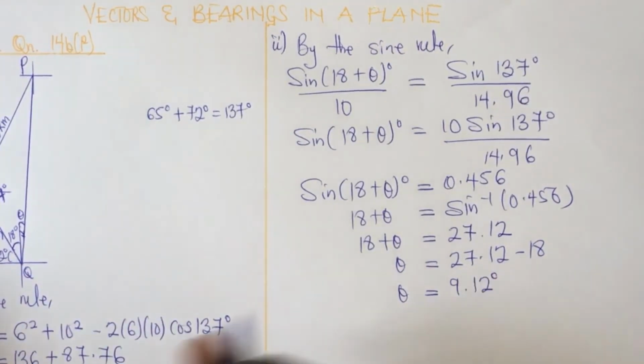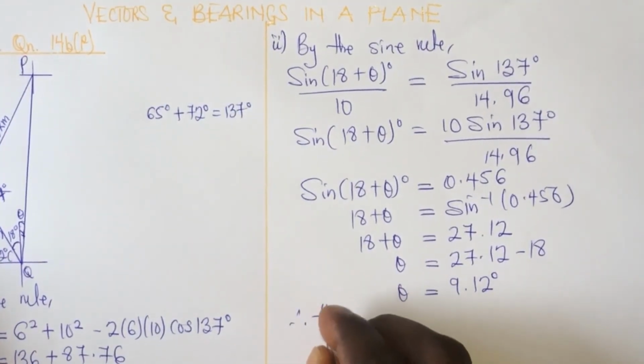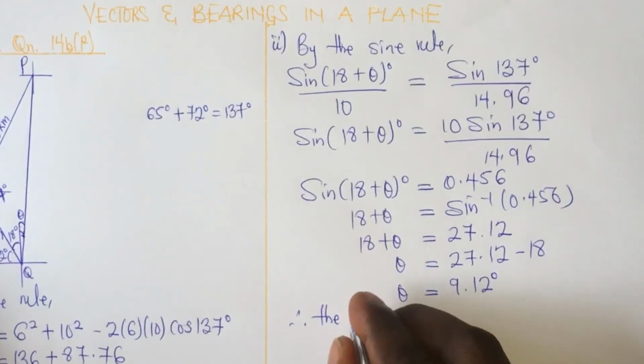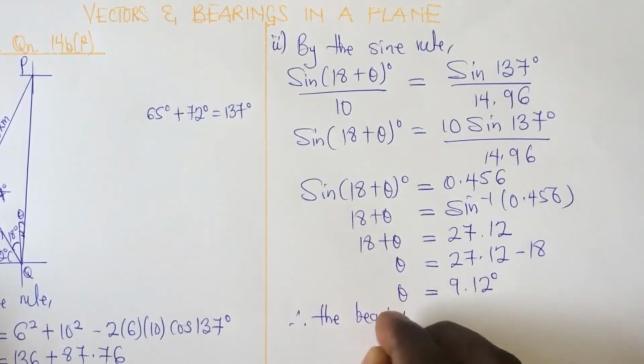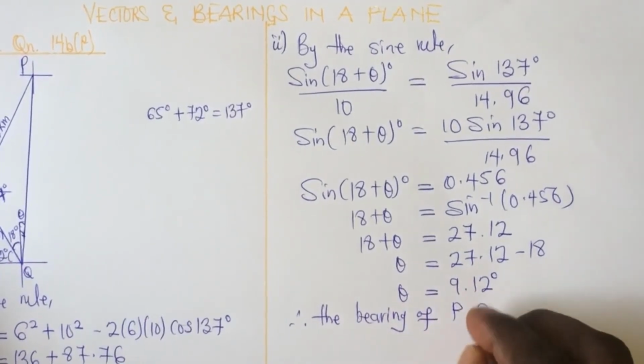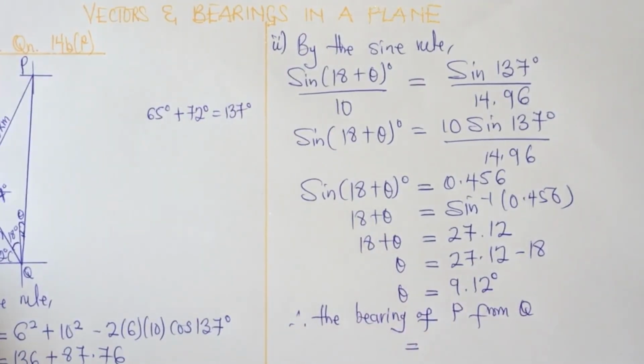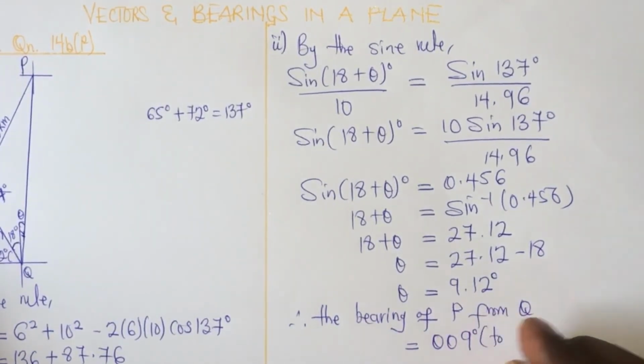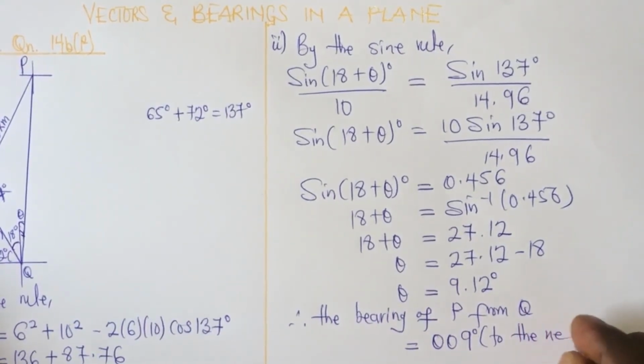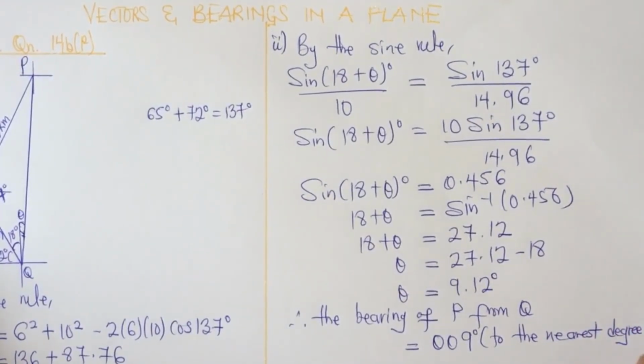Theta is the bearing, so we can conclude that, therefore, the bearing of P from Q is equal to 0.009 degrees, and it is to the nearest degree. We weren't told to leave it to the nearest degree, but that's what we have done.